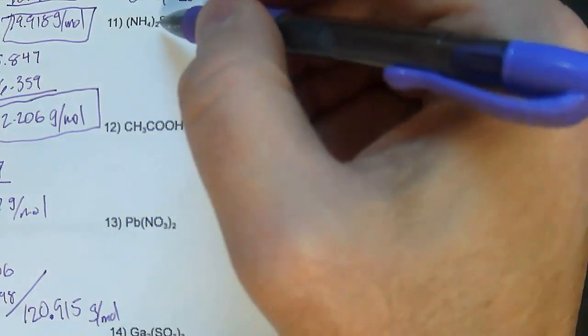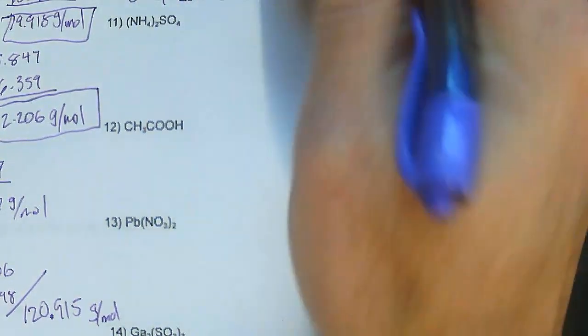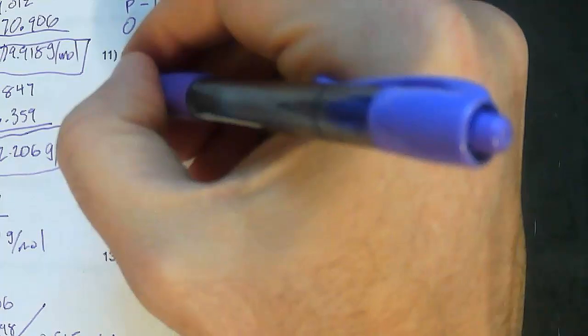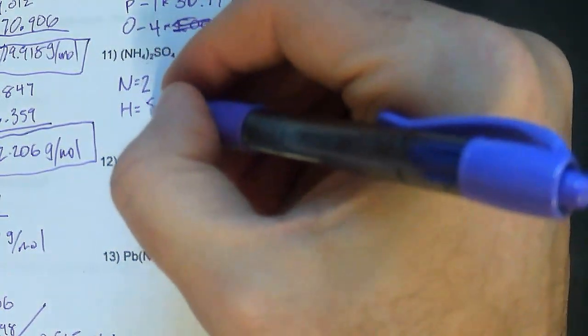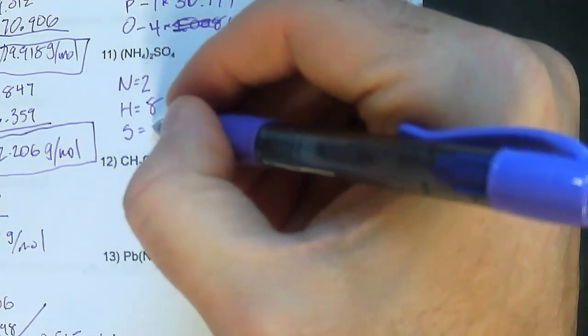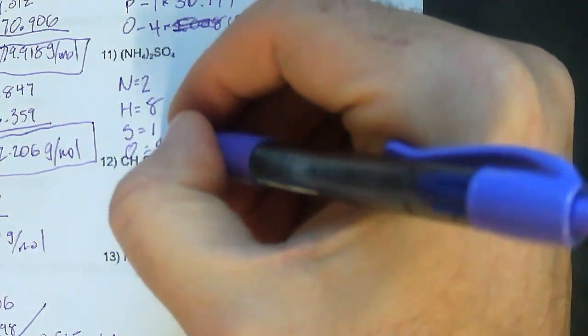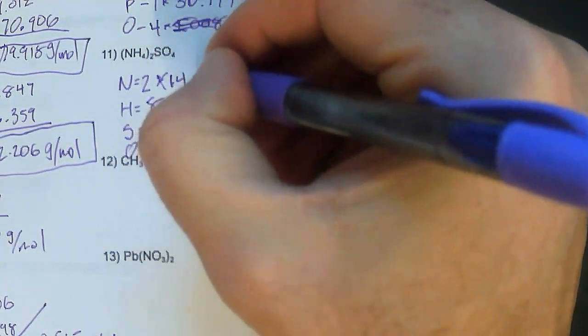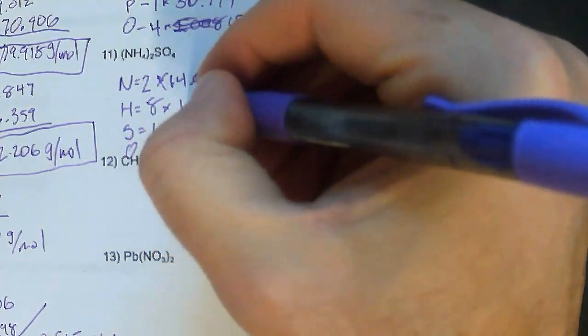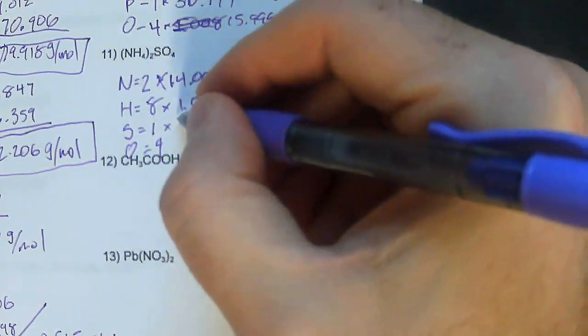Okay, so now the next one here has four elements. Still not a problem. There's parentheses, so we're going to distribute this. Again, it's about counting here. So it's going to be 2 N. H is going to be, let's see, 4 times 2 is 8. S is 1. O is 4. So N is, we're going to multiply by 14.007. H is 1.008. Make sure I don't mess up my H's and O's here.